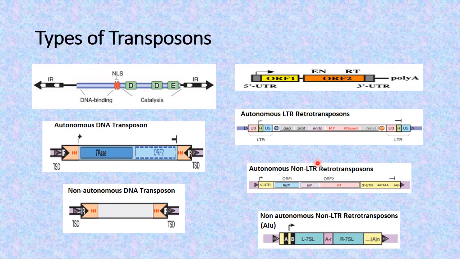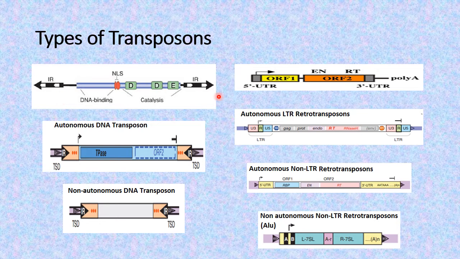Now, before we come to our topic, let us quickly revise the major types of transposons. Transposons are indicated in the genome by the presence of flanking regions.